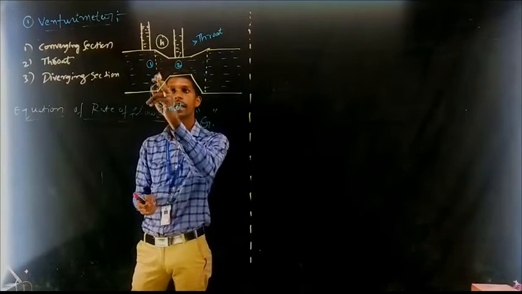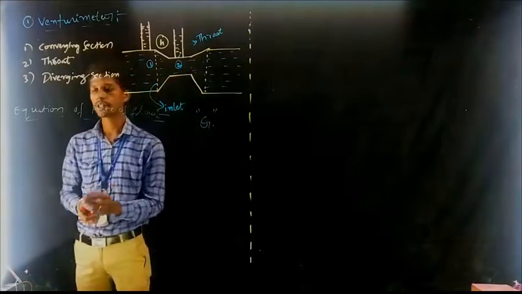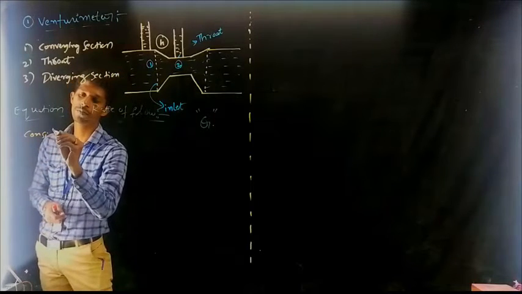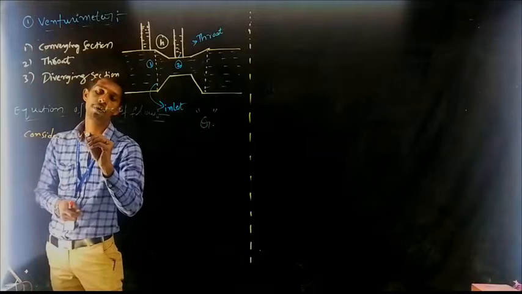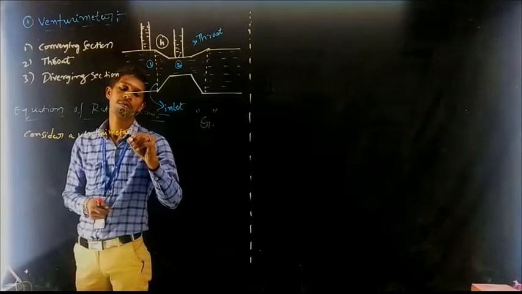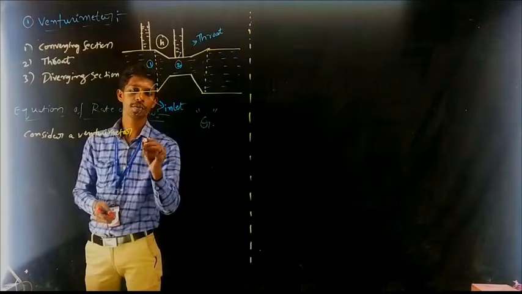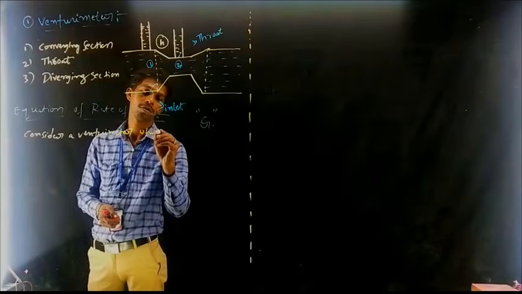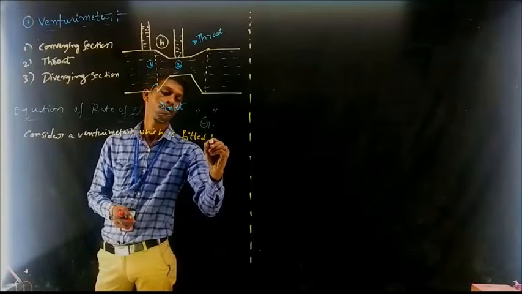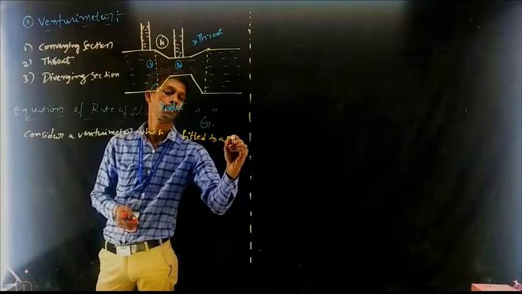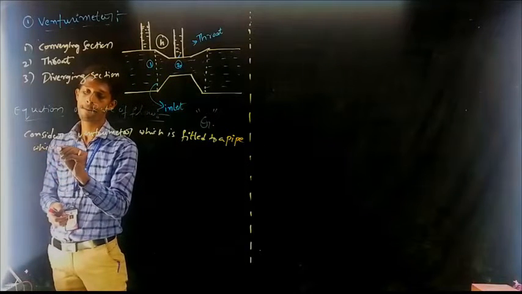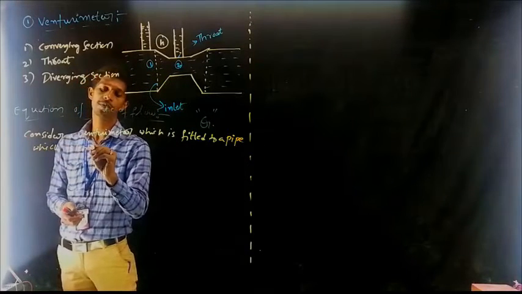It contains an inlet section and a throat section in the middle. So consider a Venturi meter which is fitted to a pipe which is horizontal.